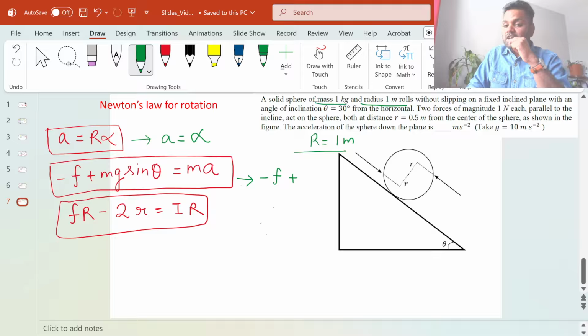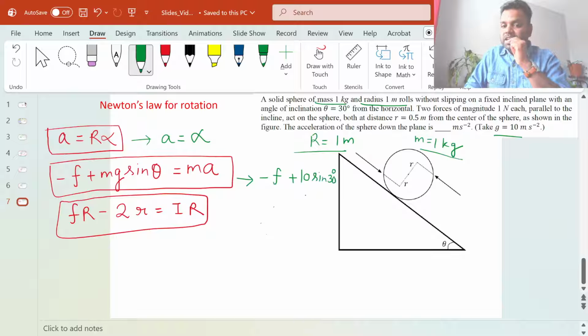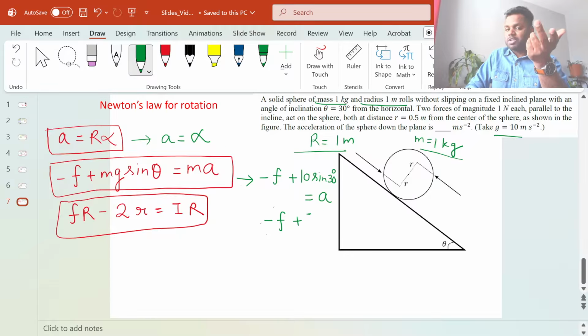Here mass is 1 kilogram, so M is 1 and g is 10, so 1 into 10, that will be 10, and sine of theta, which is 30 degrees, equal to M is 1 kilogram, so 1A, right? So if you simplify it, we will have minus F plus sine 30 is 0.5, so that will be 5 equal to A.